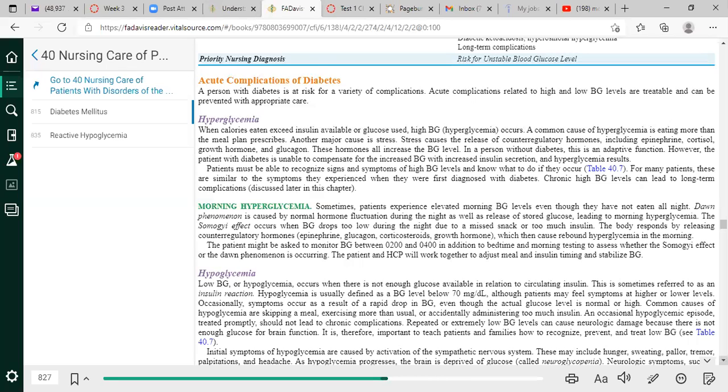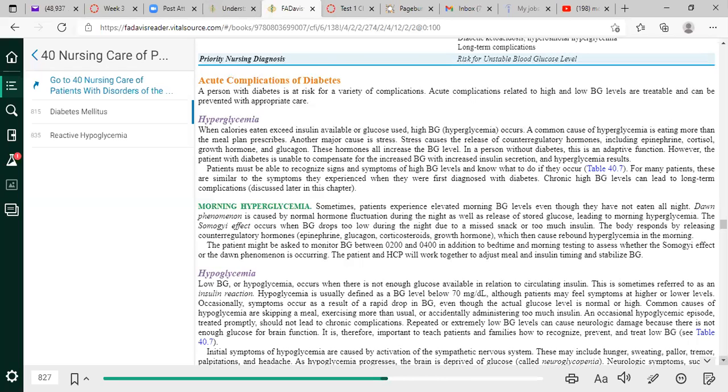It talks about hypoglycemia. What is hypoglycemia? Give me a number that would represent hypoglycemia. Anything under 70. Okay. Low blood glucose or hypoglycemia occurs when there is not enough glucose available in relation to circulating insulin.